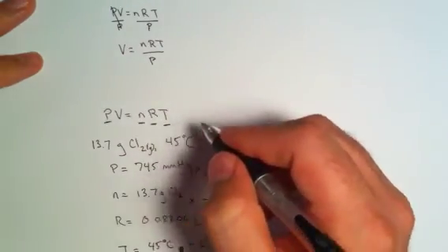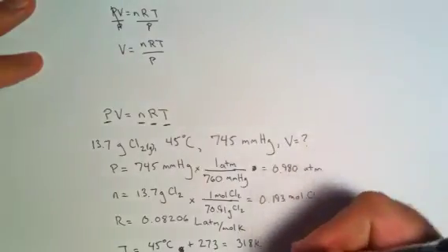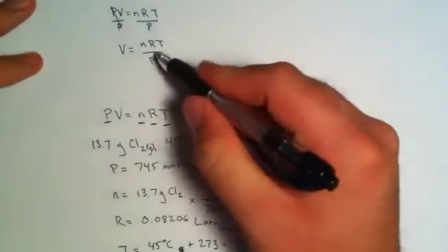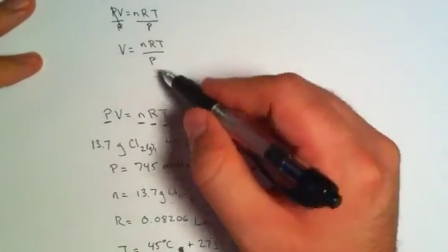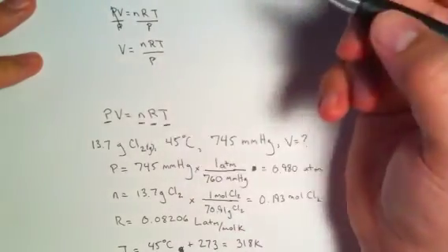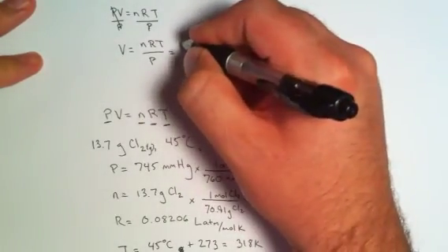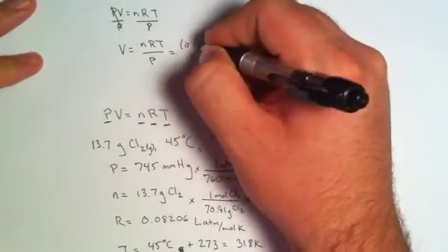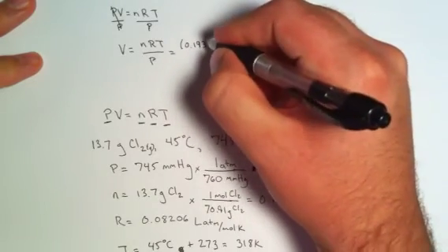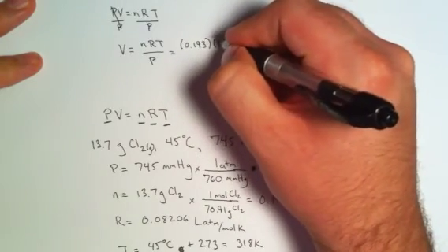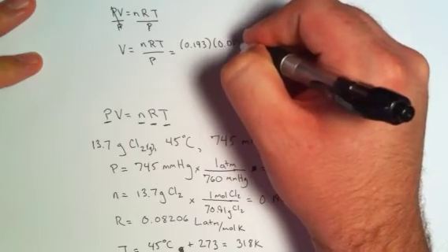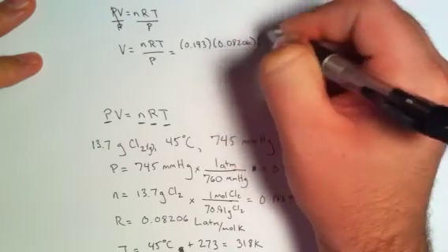Then it's just a matter of taking each one of these values, plugging them in here, and solving the math. For the n we would have 0.193. For the R we'd have 0.08206.